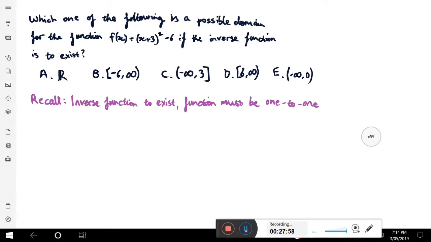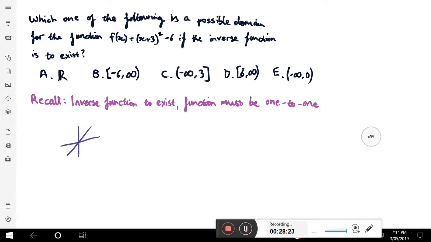So to be able to do this question, you have to know what inverse function is. What does it mean for it to exist? What's a function? So a function is if an equation is 1-to-1 or many-to-1. So 1-to-1, if in case you don't remember, something like a linear, that's 1-to-1.